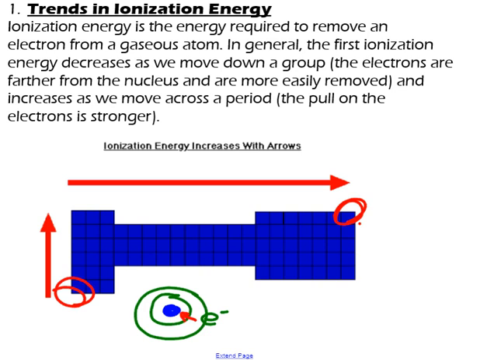So the stronger it's attracted to the nucleus, the more energy it would take to shoot that electron off and free it. The smaller the atom, the stronger the electron is attracted, the more energy that is required.